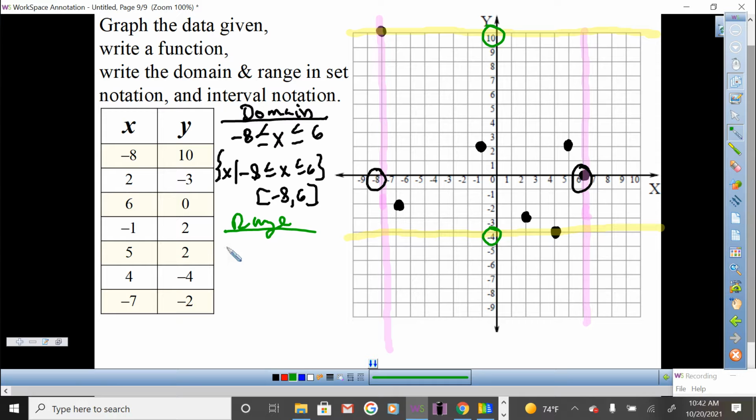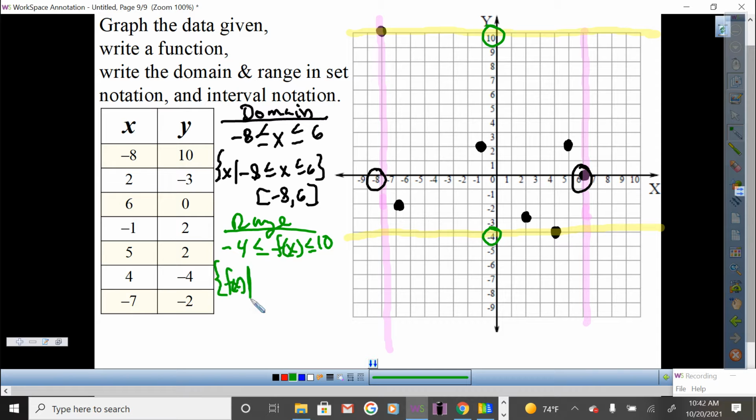So that means I'm going from -4 less than or equal to f of x less than or equal to 10. Set notation, f of x such that -4 less than or equal to f of x less than or equal to 10. Interval notation, -4 and 10, both with brackets. And if you got something like that.